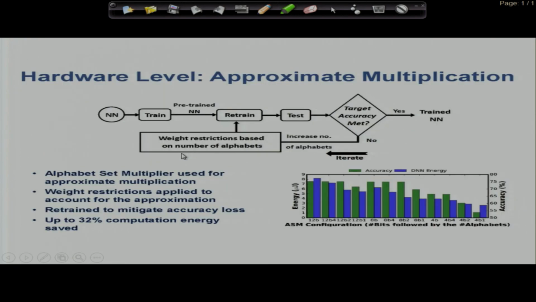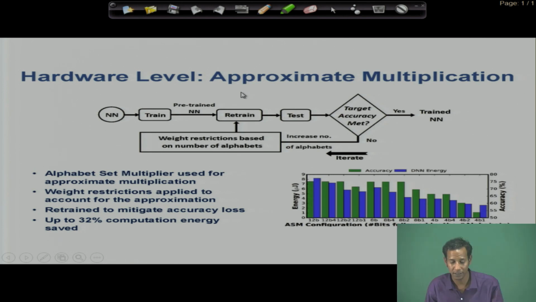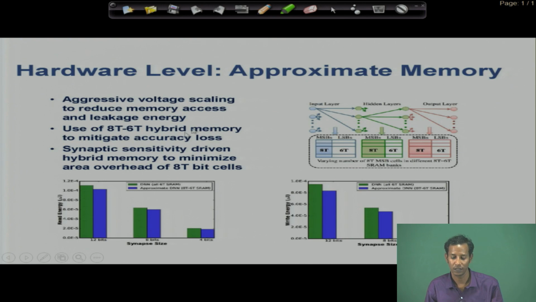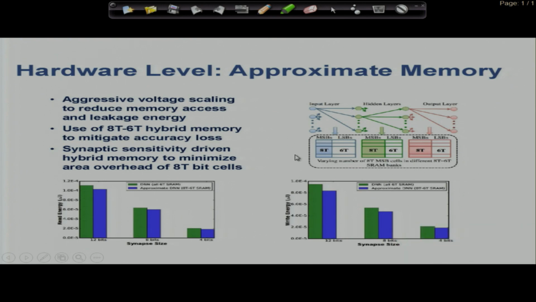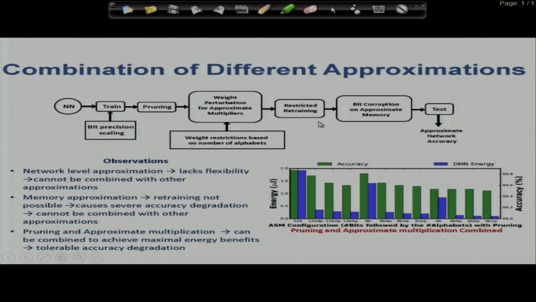Using this approximate hardware architecture, you can reduce the hardware as well as the power consumption too, whereas you are compromising on the accuracy. Then there is approximate memory, and the overall deep neural network has been developed using this approximation at different blocks.